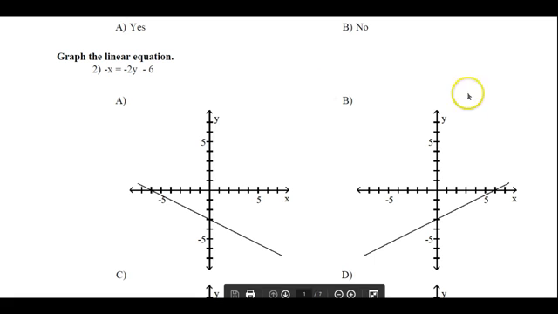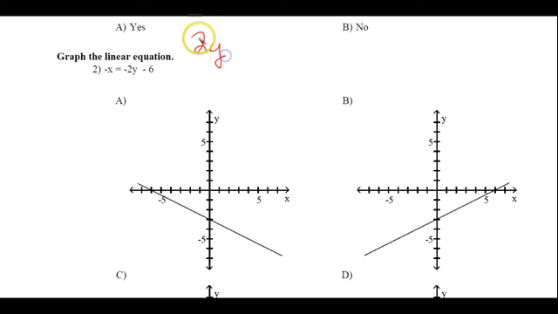Now, since this test is multiple choice, they give you 4 graphs here to choose from. But again, you want to have a method for doing this. So this is not in any particular form. I would suggest you put it in, let's say, standard form, where we're going to transpose the negative 2y to the other side, where it becomes a positive 2y.